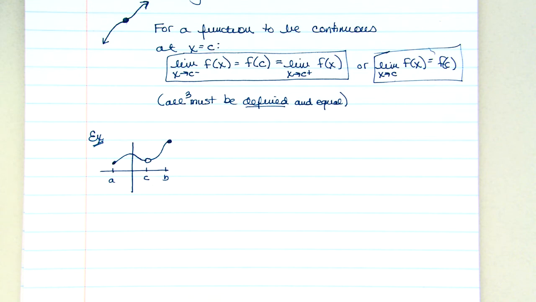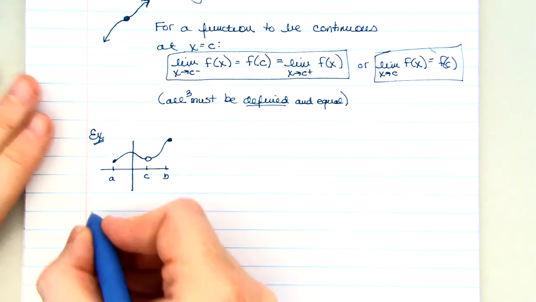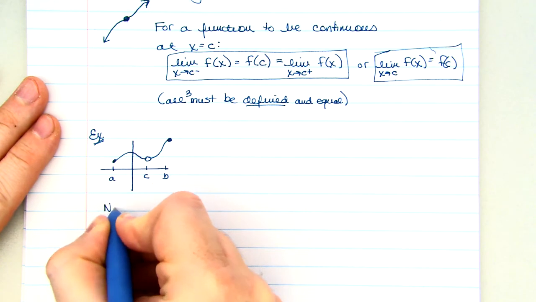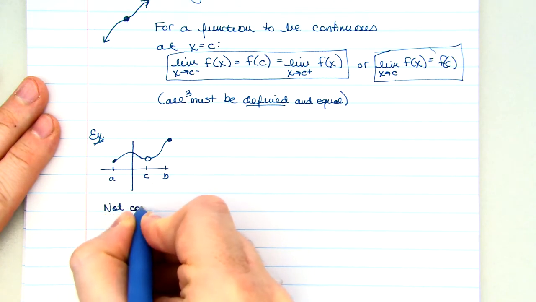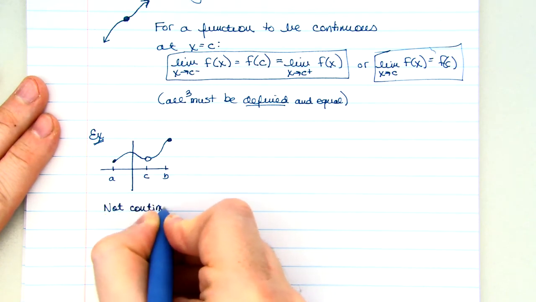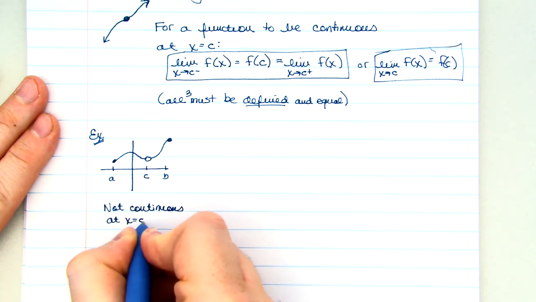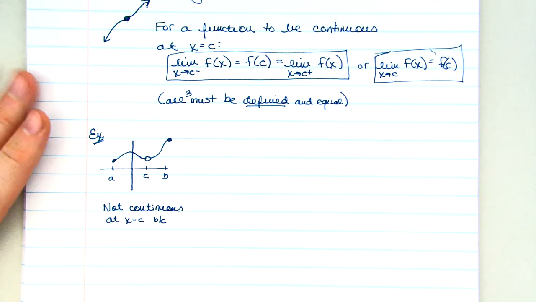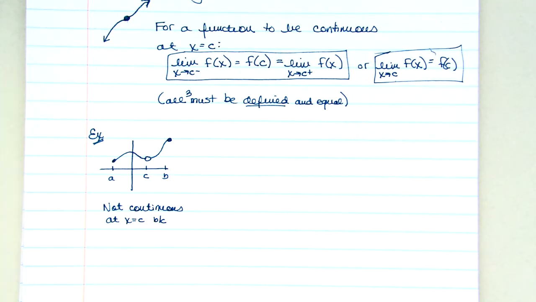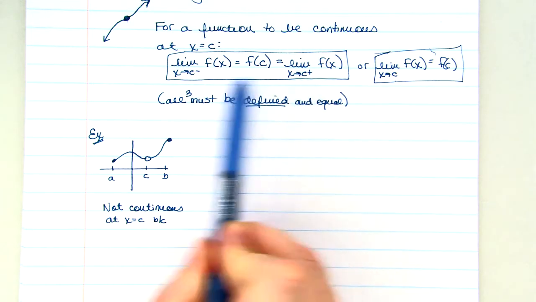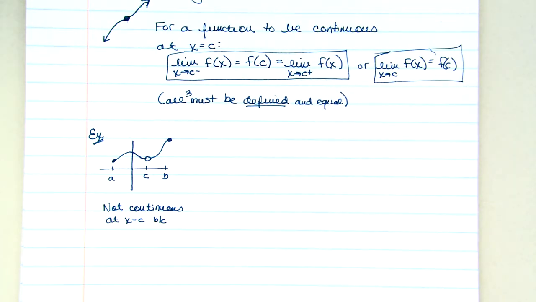Right? Not continuous, there's that hole there, but that's not quite going to be good enough for an explanation. We're not continuous at x equals c because. All three of these things must be defined and they have to be equal.